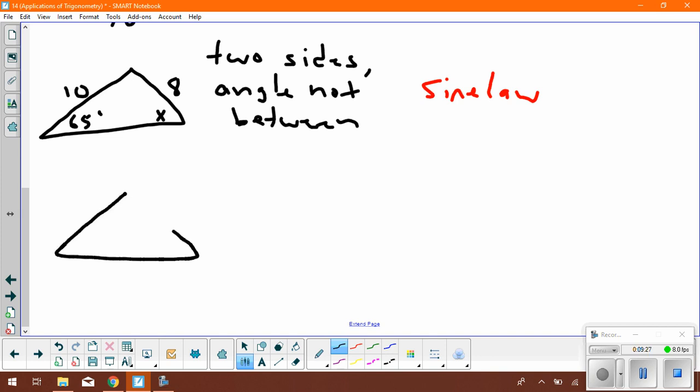Okay, in the last case, same kind of idea. And this is where the ambiguous case can come up. Sorry, that was the previous one. The last case is I've got the two angles, and I want to know another side, then it's going to be sine law.